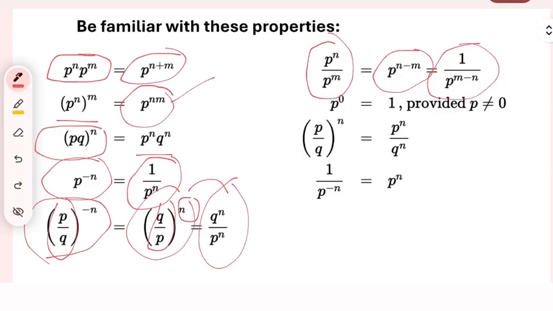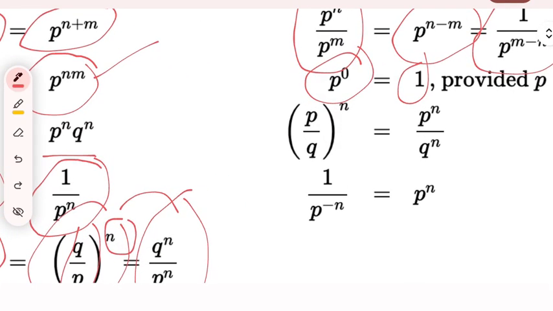Remember, what is p to the 0? Anything that's raised to 0 is equal to 1. So if there is a number raised to 0, don't overthink it. The answer is just 1. If you have p over q raised to the power of n, you can distribute n to the numerator p and to the denominator q.